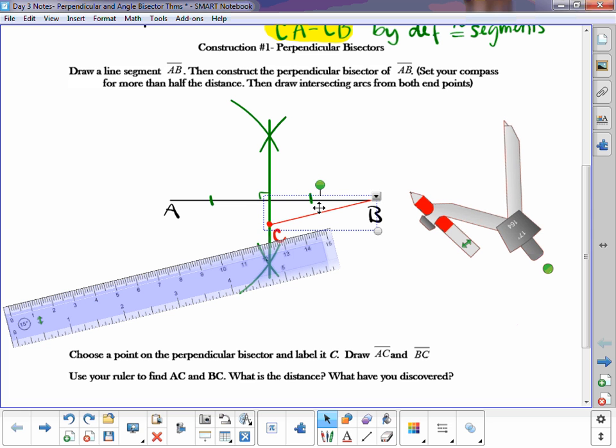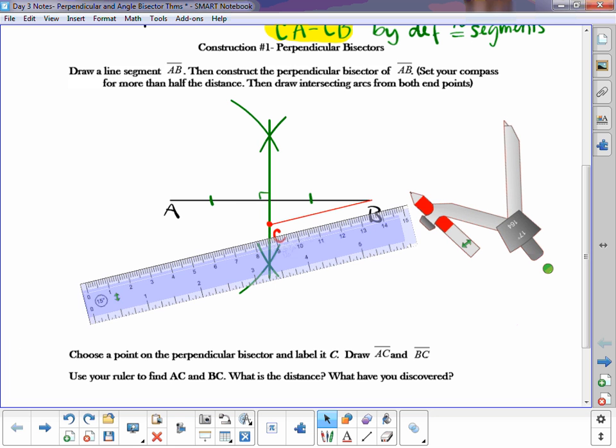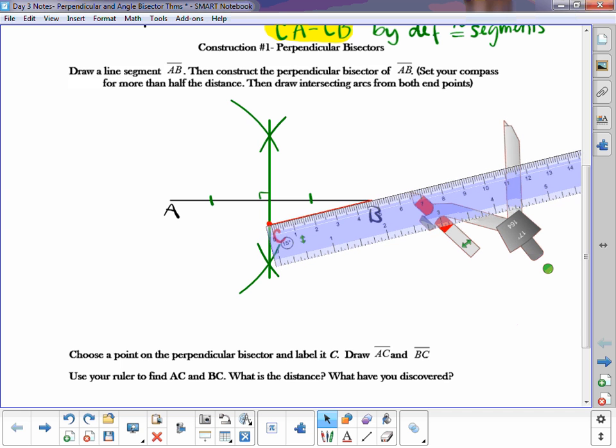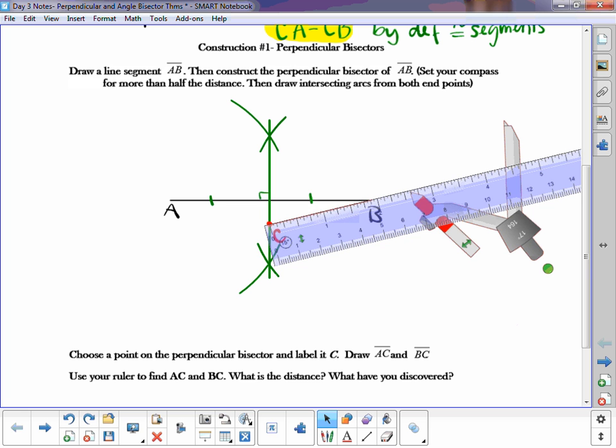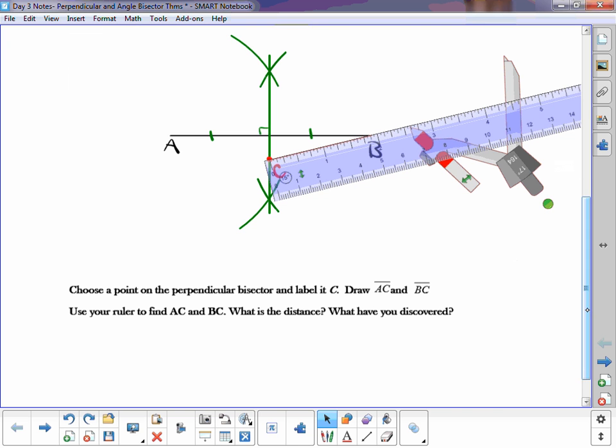And once you've drawn those segments, go ahead and measure them to see how close you got with it. I don't care if you use centimeters, millimeters, inches, whatever you prefer. And as you get those, go ahead and write what those measures are, just to see how close you got.